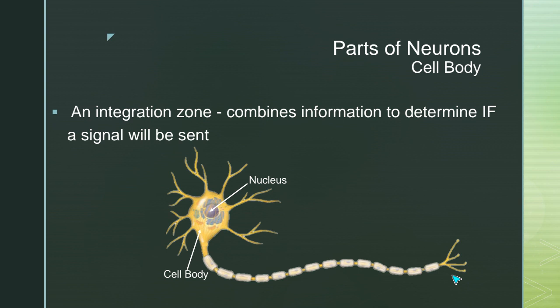And if this combined information, being electrical charges, reaches a threshold, this will be what determines if a signal is sent down the axon.